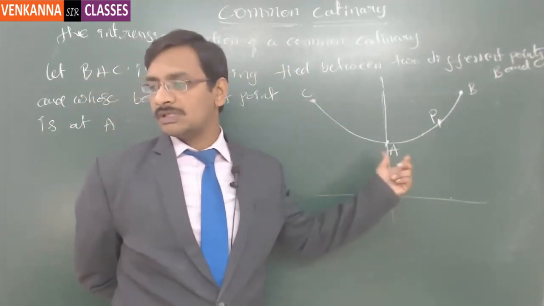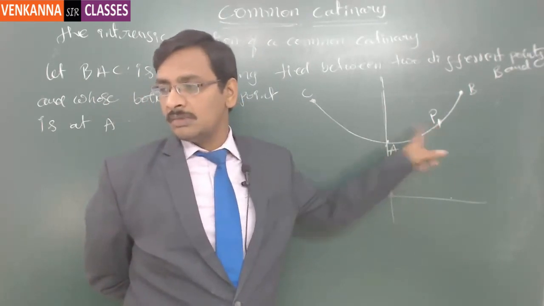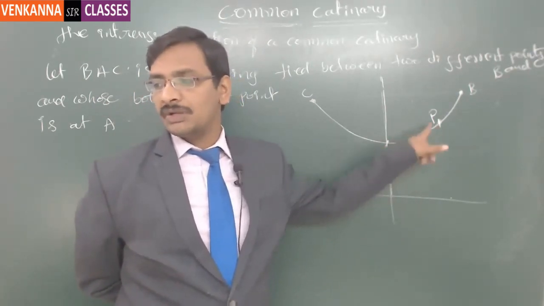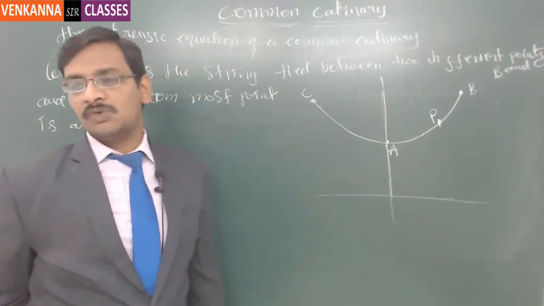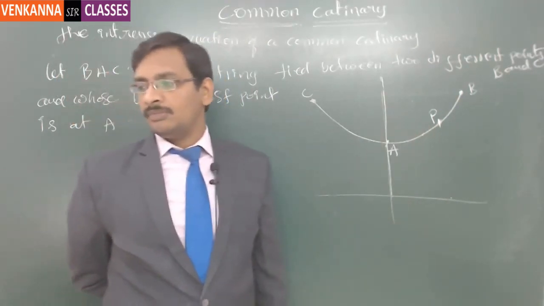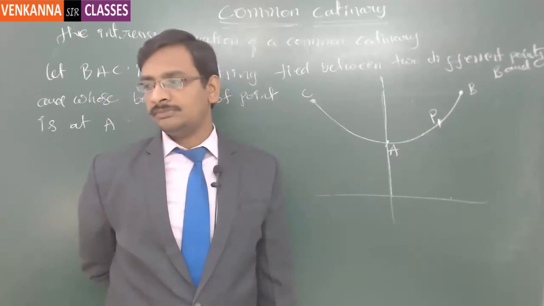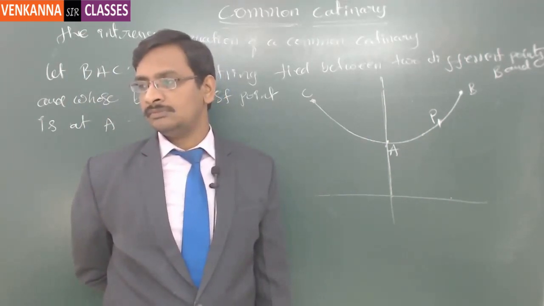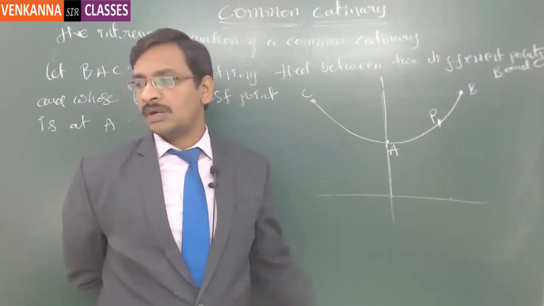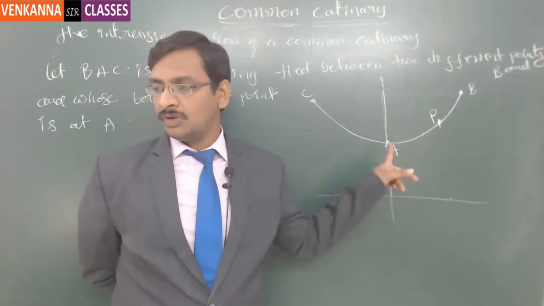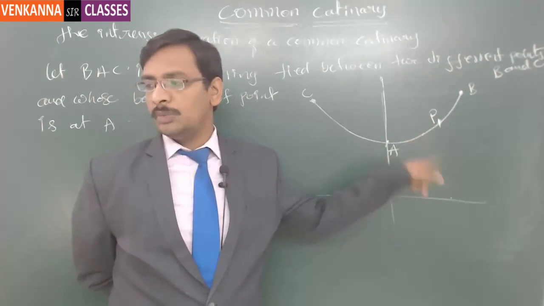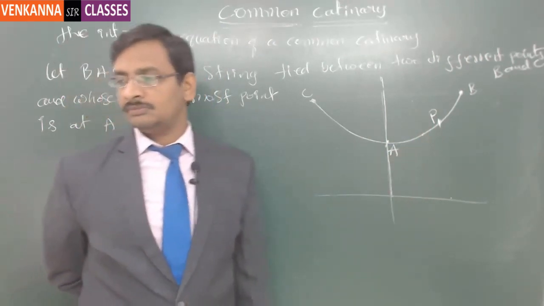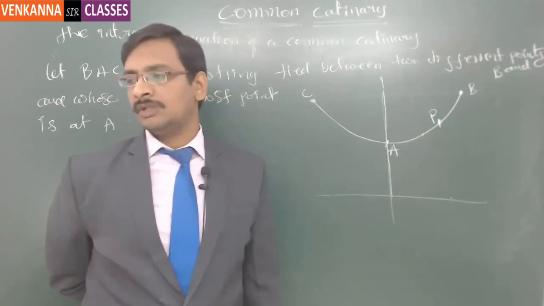What are all the forces acting on the portion AP which make this string stay in equilibrium? What forces can you think of? Any guess?